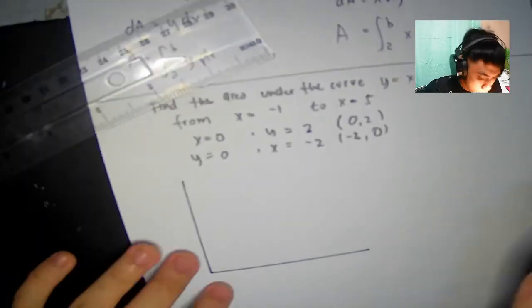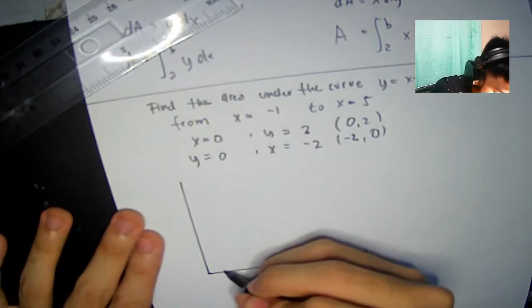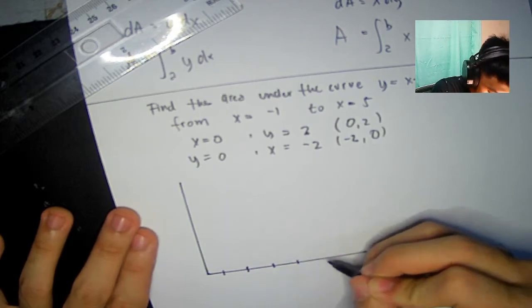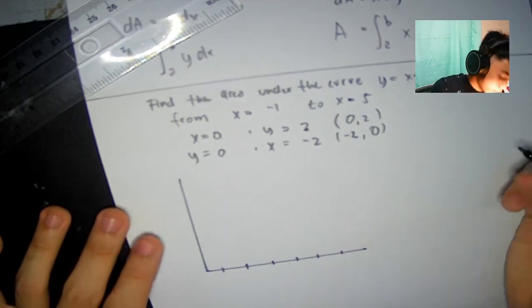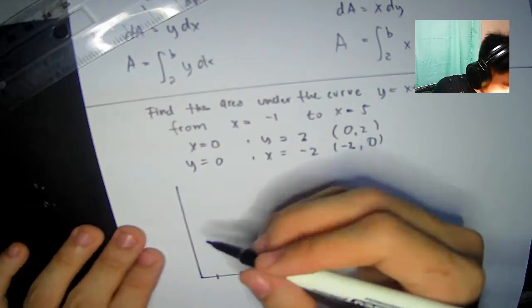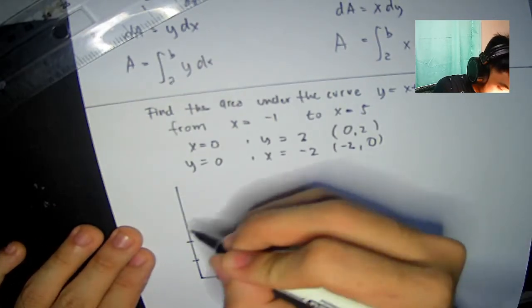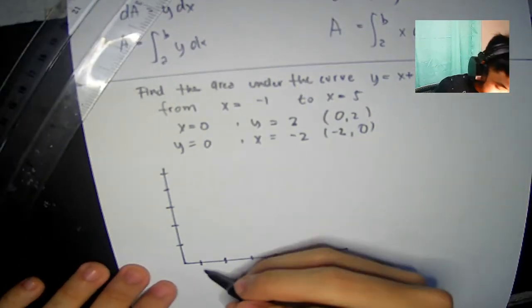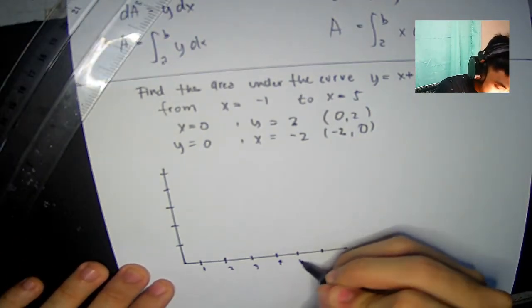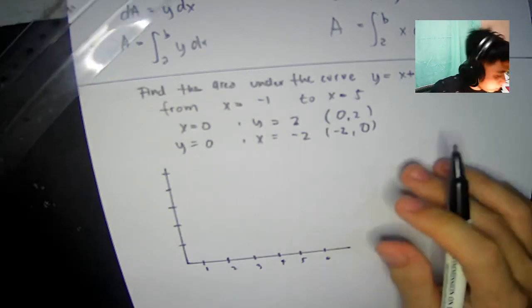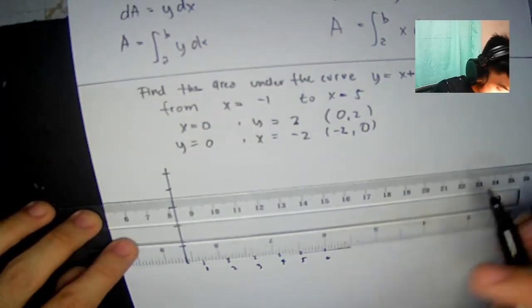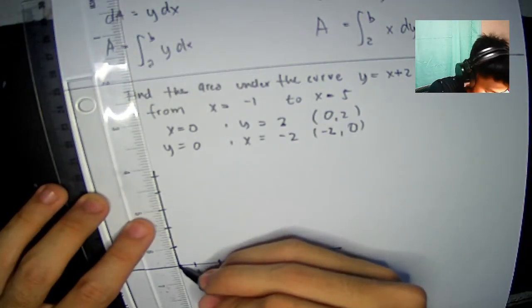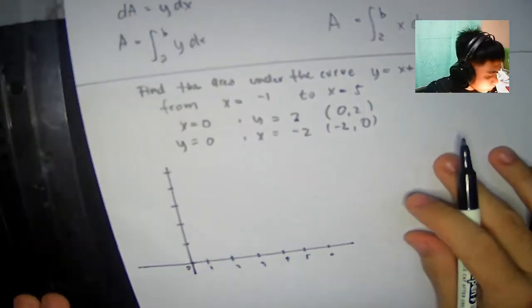Let's say this is 1, 2, 3, 4, 5, and 6. Another one, 1, 2, 3, 4, and 5. Then we'll have 0 here.